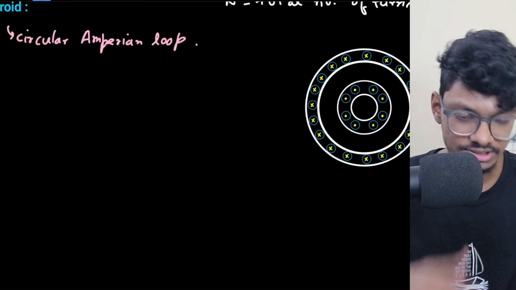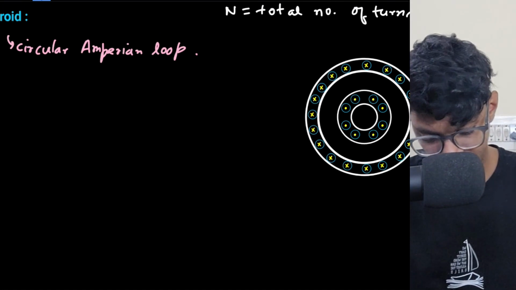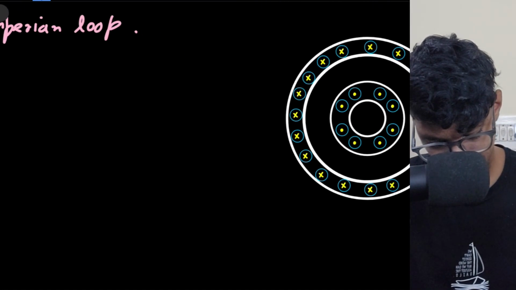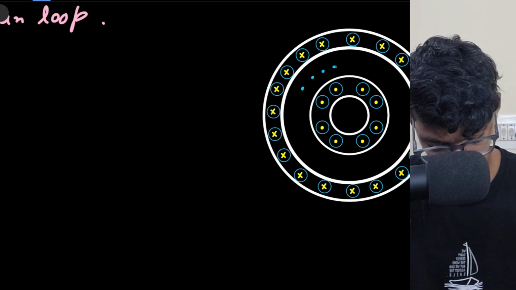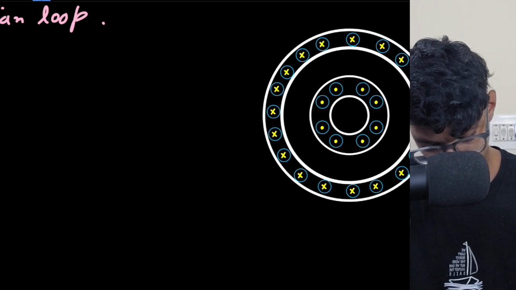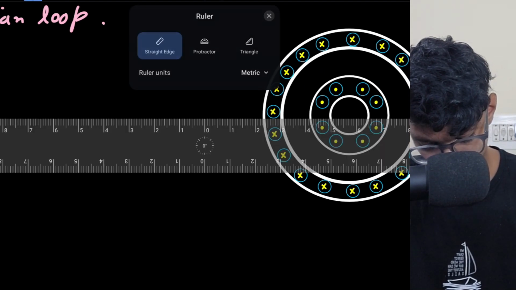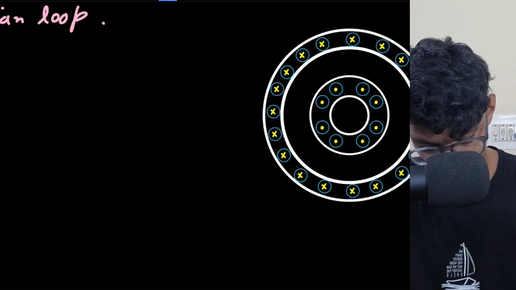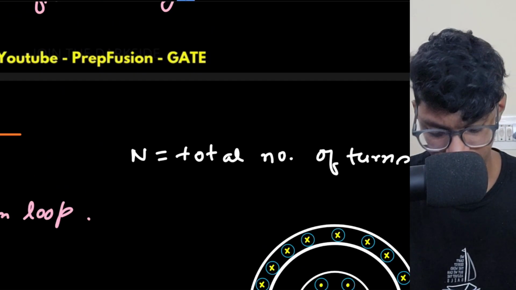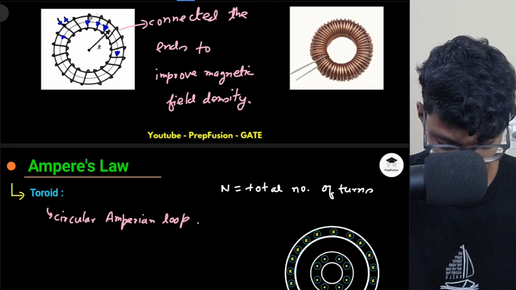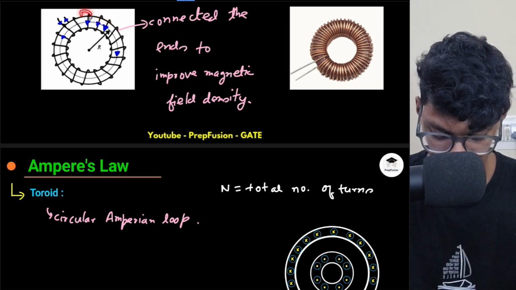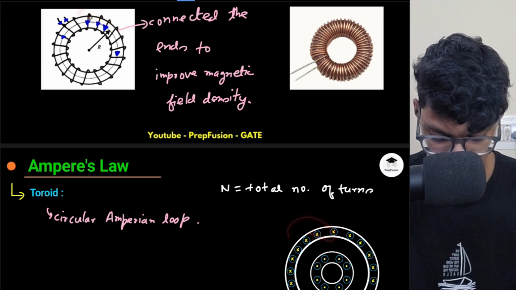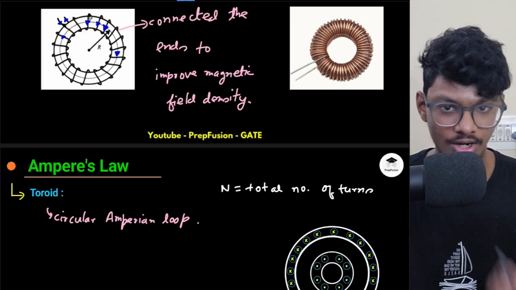So here we'll choose a circular Amperian loop. So the Amperian loop will be somewhere totally here, right? Because it is somewhere between. So this is the top surface and this is the bottom surface. That's it, right? Just I have demonstrated this thing. This is the top surface where current is going in, and here current is coming out. Okay, that's it.